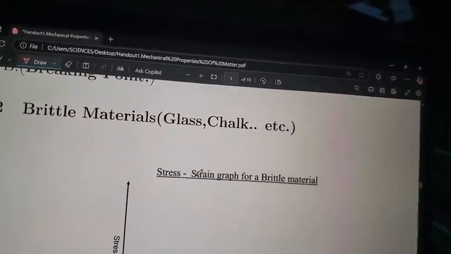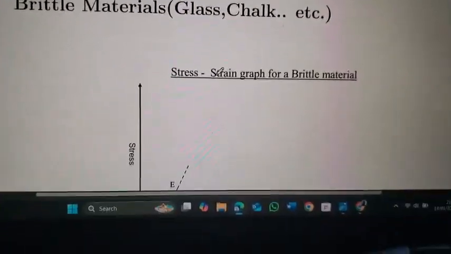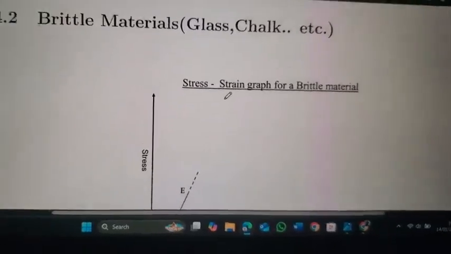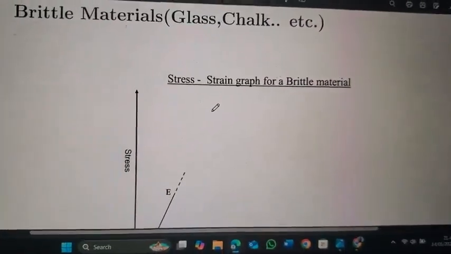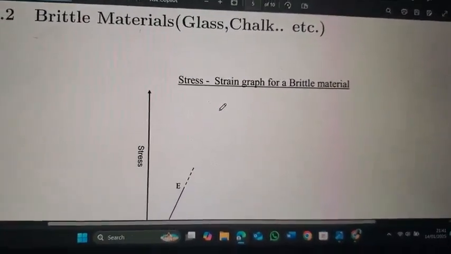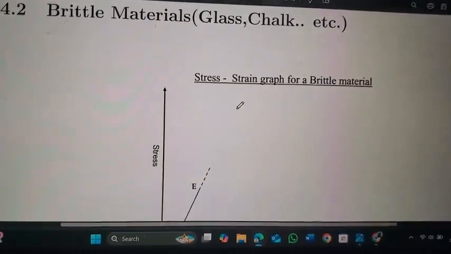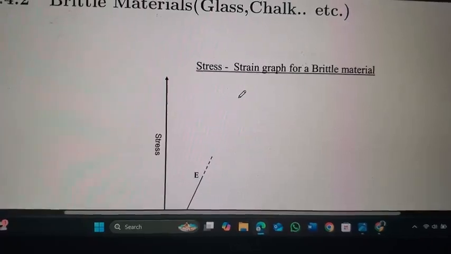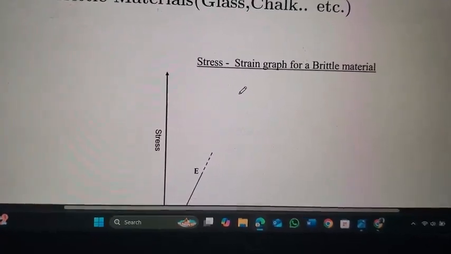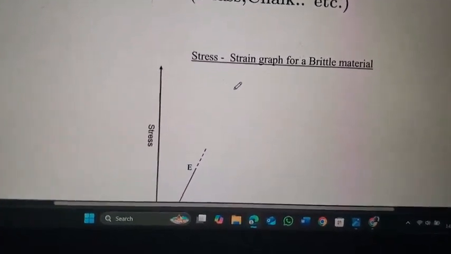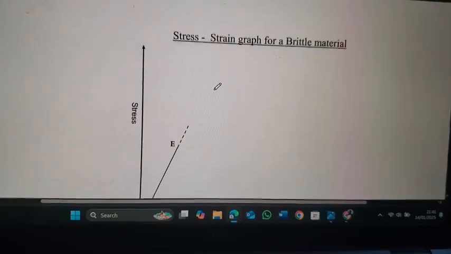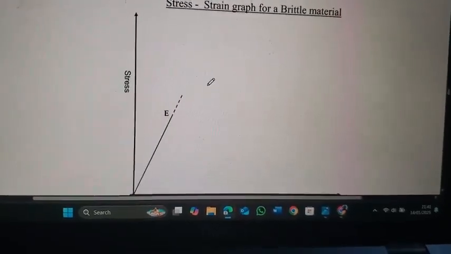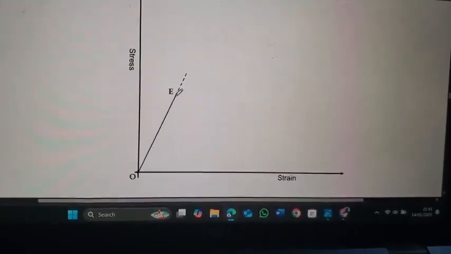Now for a brittle material, unlike a ductile material, brittle materials do not undergo plastic deformation. They go through a small elastic deformation and then straight away break.